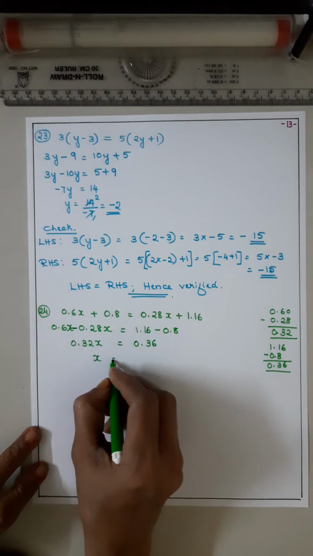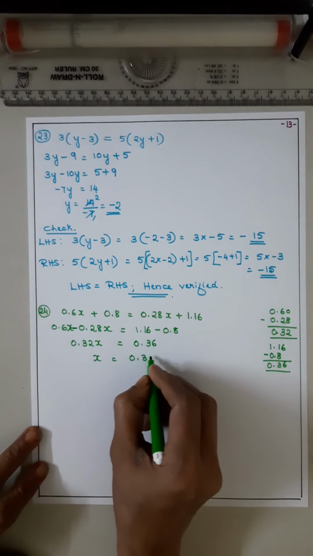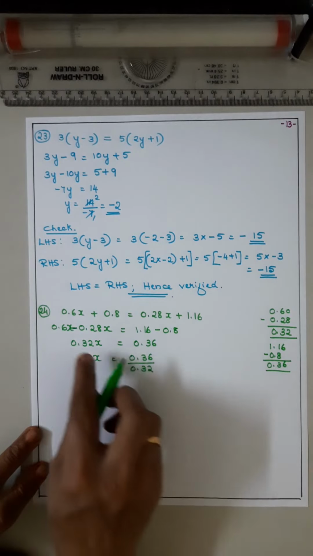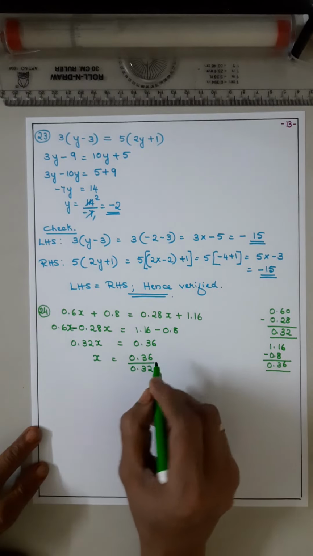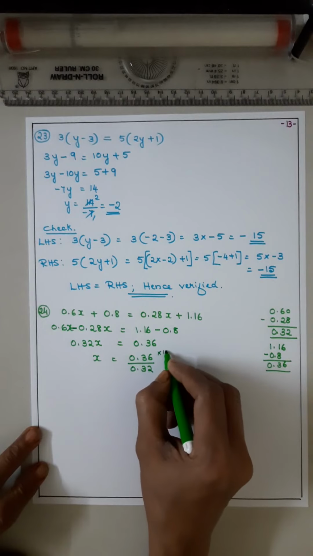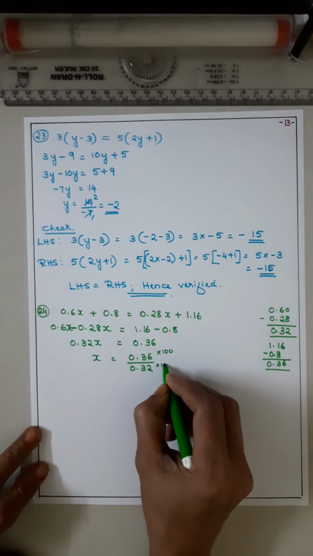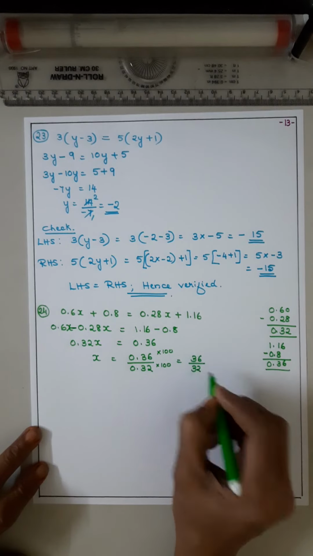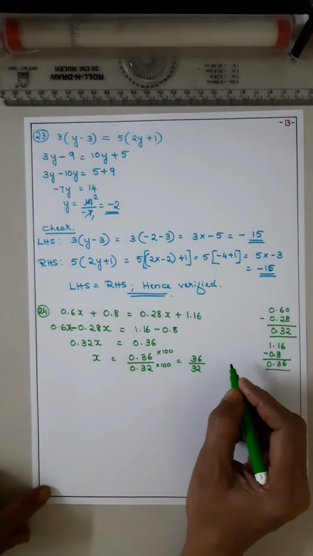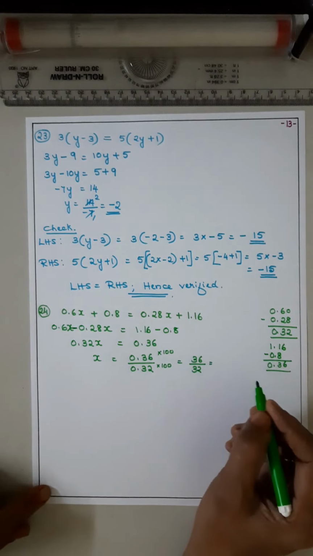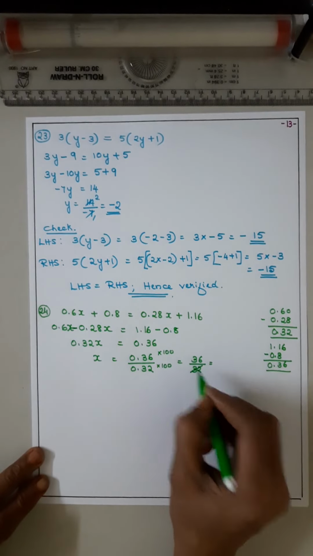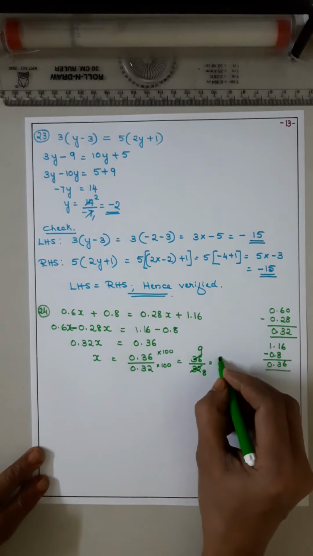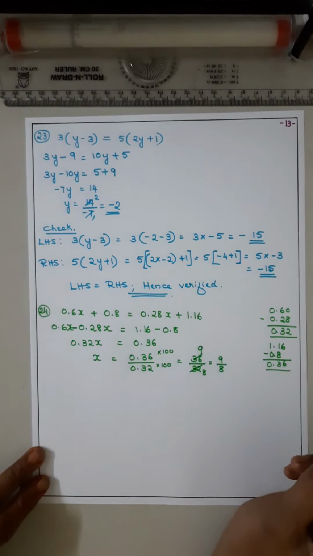Now x is equal to 0.36 upon 0.32. Now remove the decimal. How? Multiply by 100. So it became 36 by 32. Okay, 36 by 32. It will be how much? 8 4s are 32, 9 by 8.